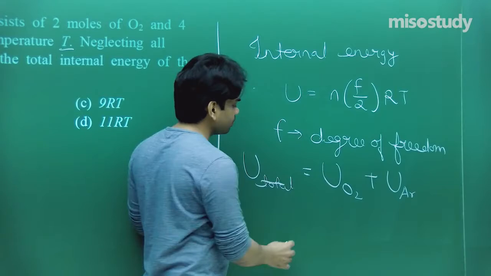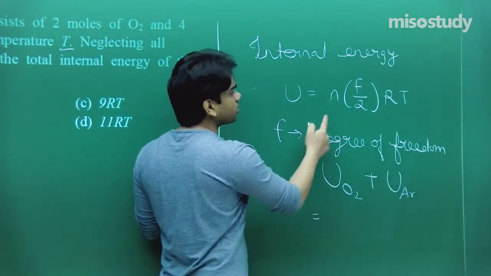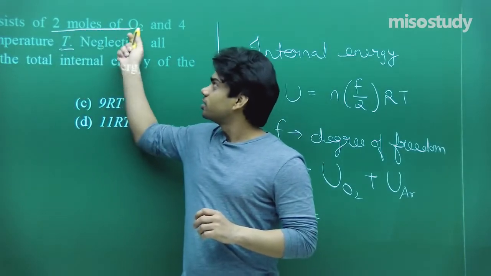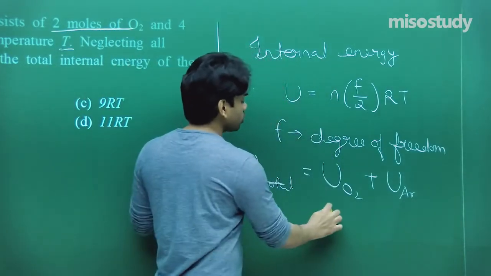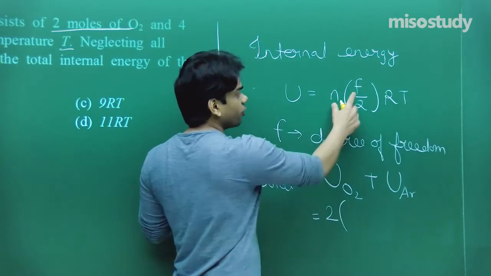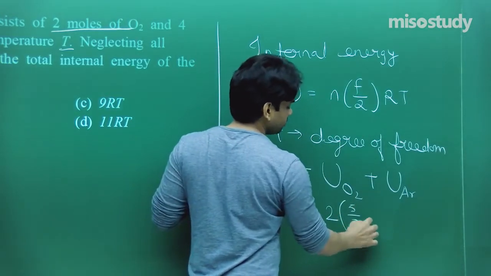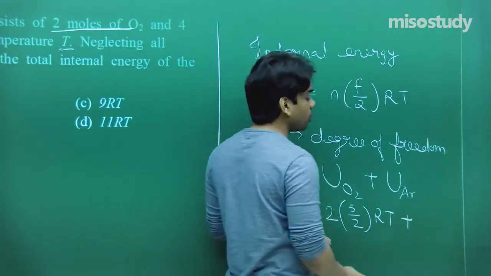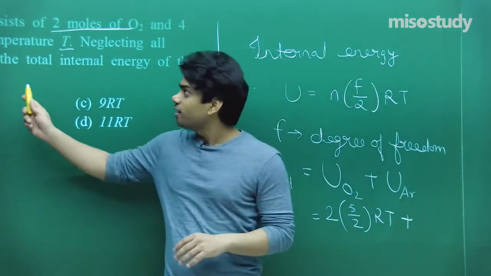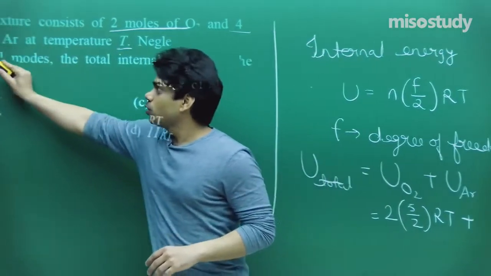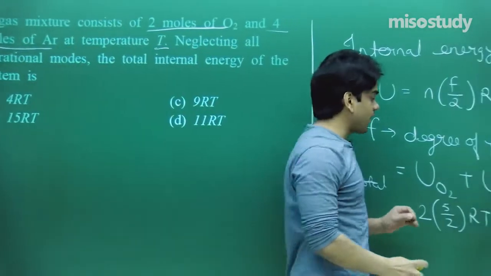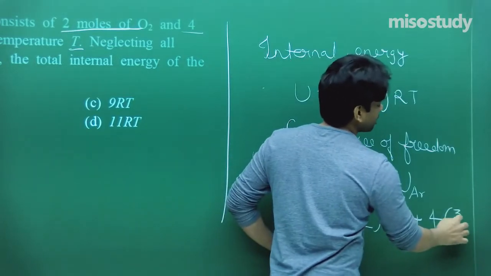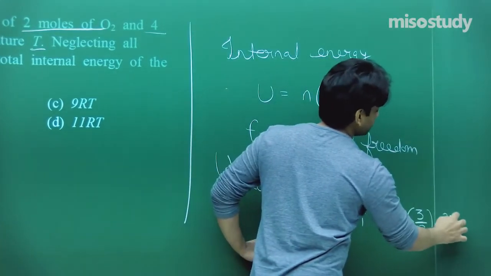Let's put up all the values. The number of moles of oxygen is 2, multiplied with degree of freedom 5 by 2 RT, plus due to argon the number of moles is, sorry, it's 4 moles of argon, so you need to put the number of moles for argon as 4, multiplied by degree of freedom 3 by 2 RT.